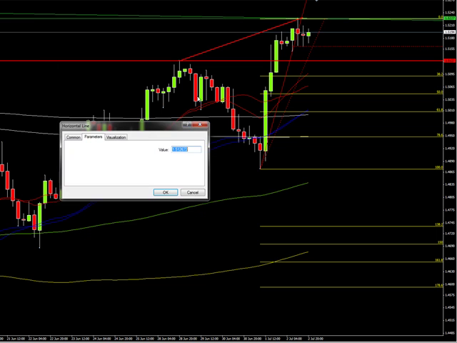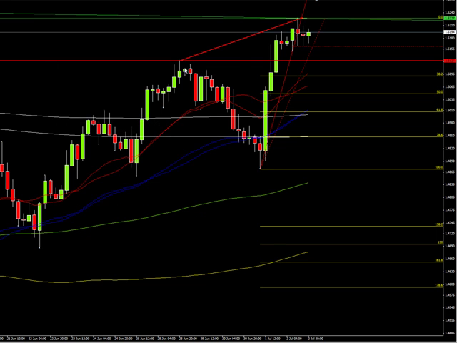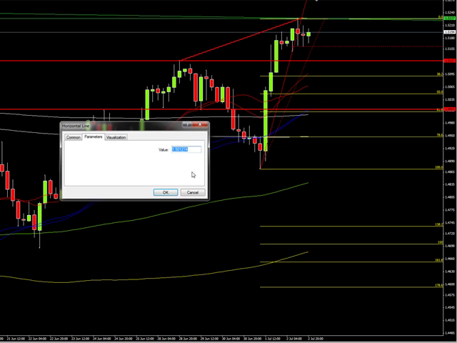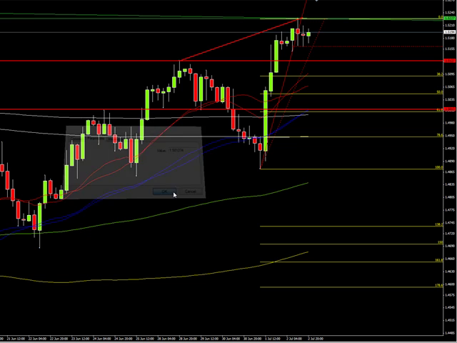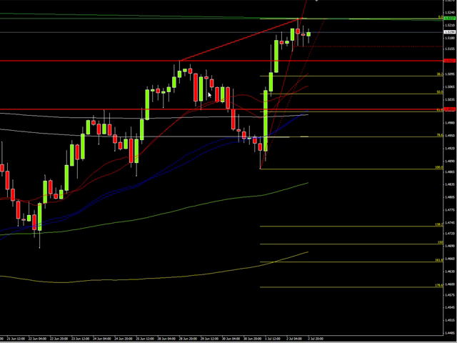There's an area of resistance there, pointed there, and another one, another major one. I like this one here. There is another one there as well, but I'm trying to marry it up with moving averages and Fib levels.